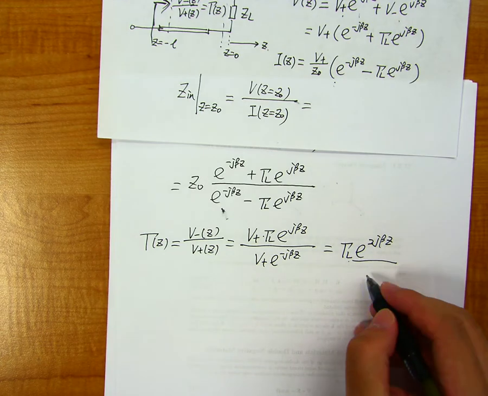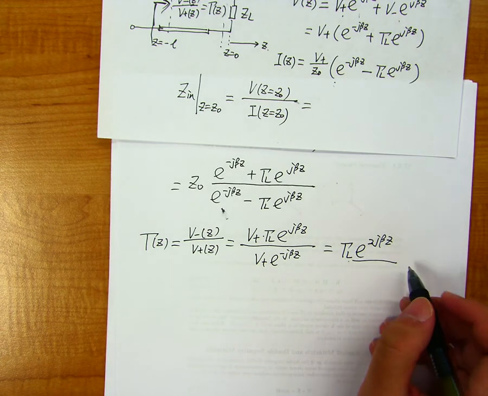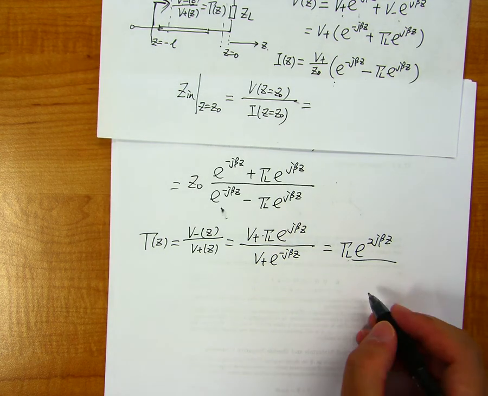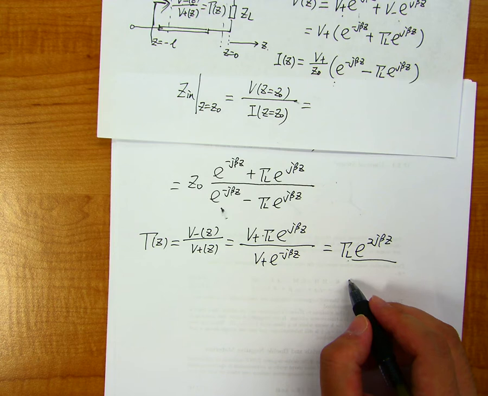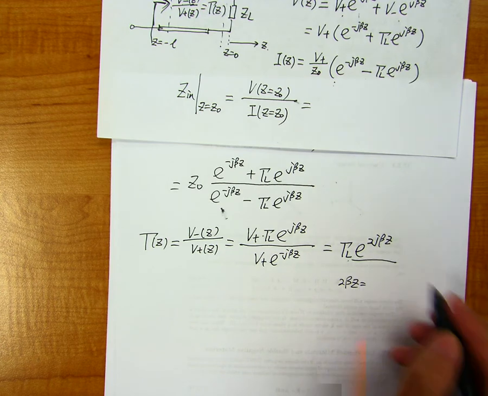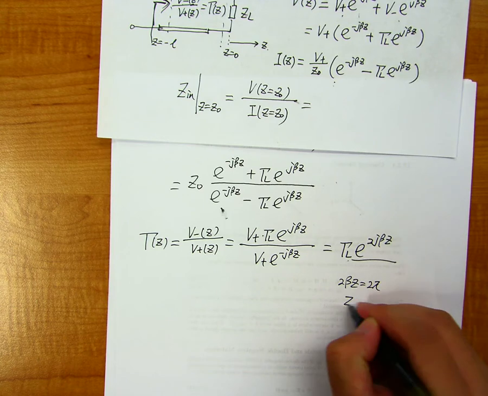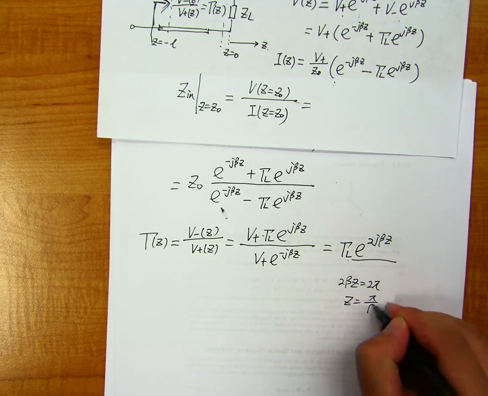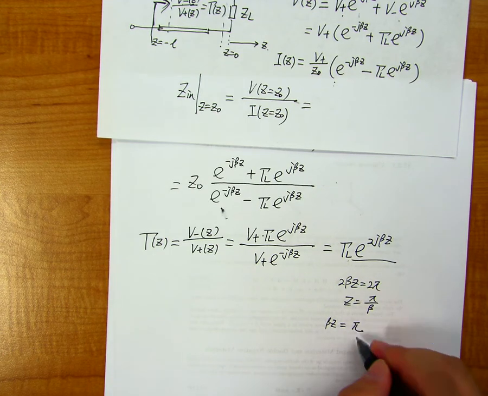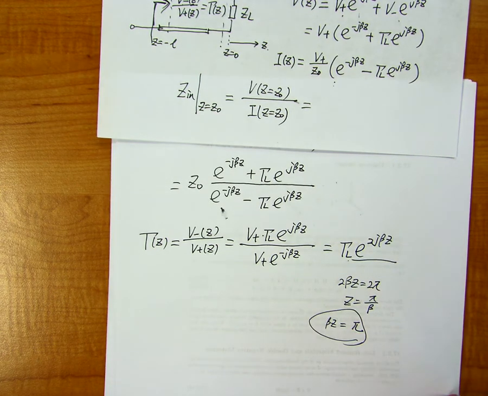So you can imagine that this gamma of z is periodic. I think the period is 2 beta z equals 2 pi, so z must be pi over beta, or beta z is equal to pi. This is its periodicity.